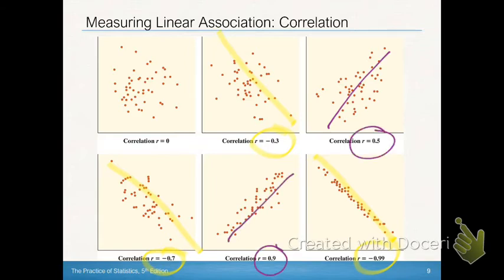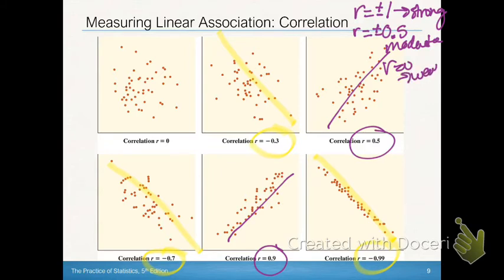Something to keep note of here, if your R value is close to positive or -1, that's when we describe the relationship as being strong. If your R value is close to positive or -0.5, we'll say that it's moderate in strength. And if your R value is close to 0, that's when we'll say it's weak.